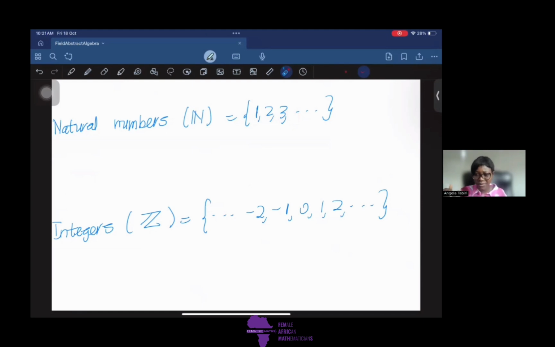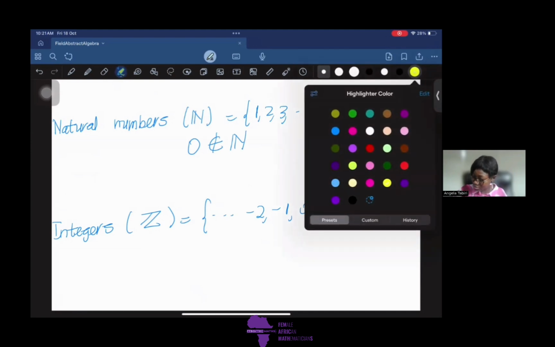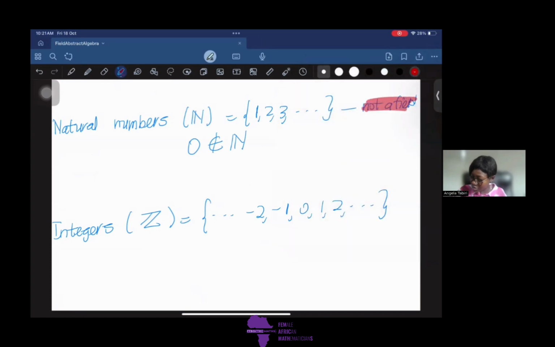Yes. But do we have the identity 0? No, because we can see here that 0 doesn't belong to this set. So no, this is not a field because at least one of the axioms fails. Okay, good.